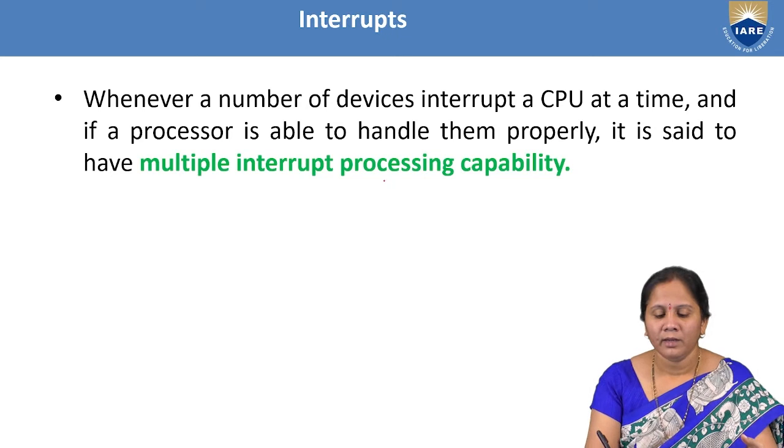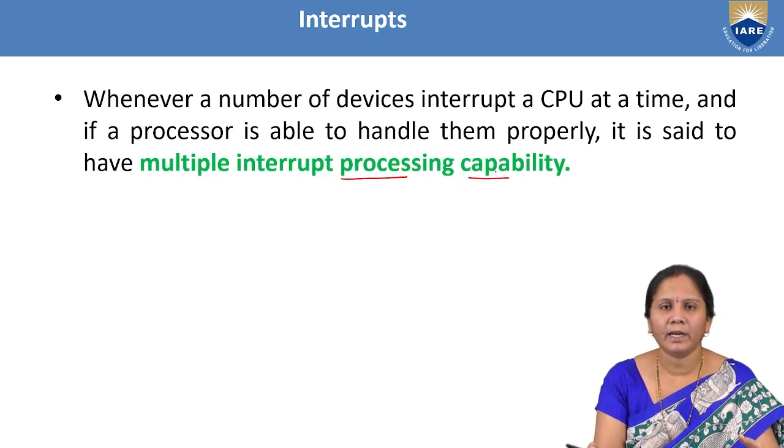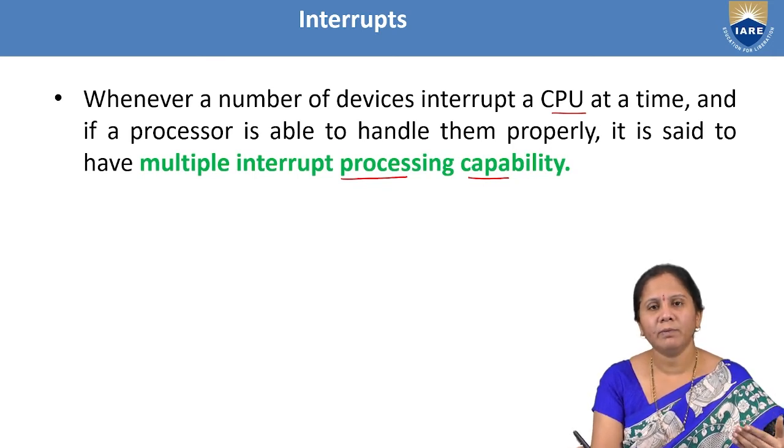And next, generally when we say that the processor has multiple interrupt handling capability, it means that whenever a number of devices interrupt a CPU at a time, and the processor is able to handle those interrupts properly, then we say it has multiple interrupt handling capability.